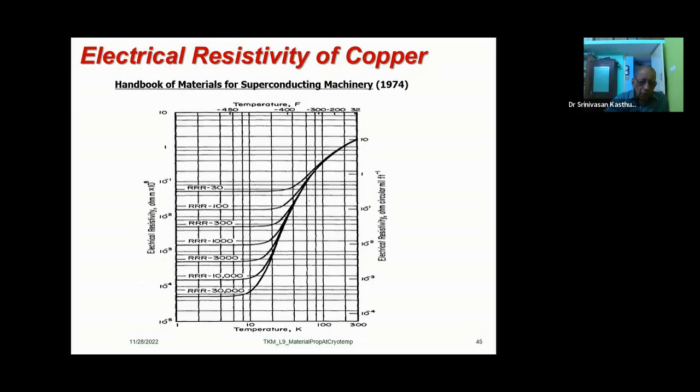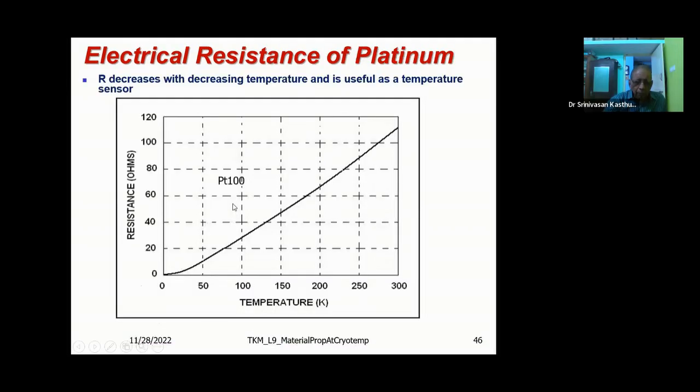So the higher the purity, the lower will be its resistance, or higher will be the conductance part. So this is, I think, for copper. You see copper, whose resistivity ratios keep on varying.